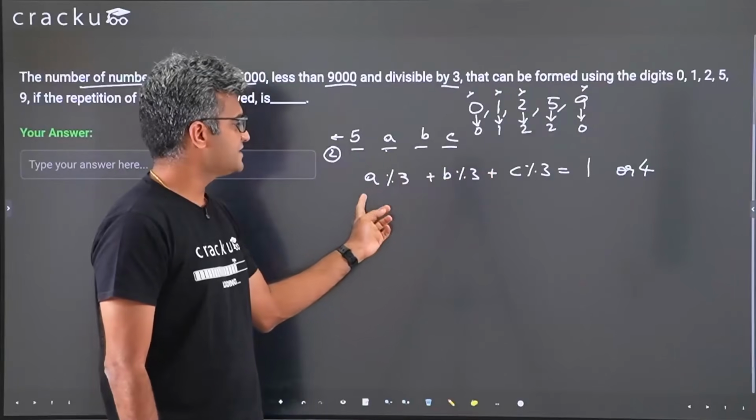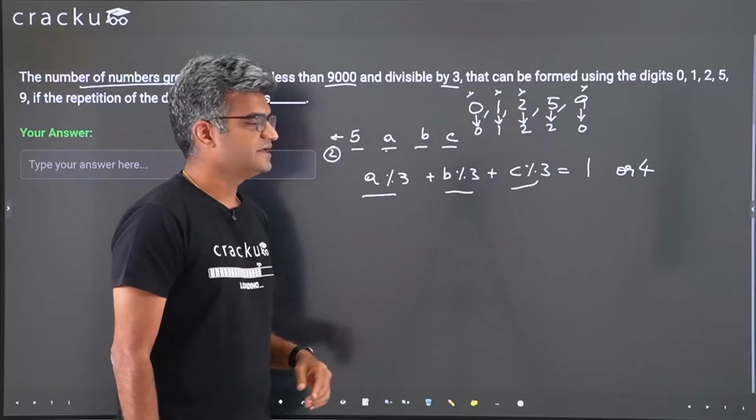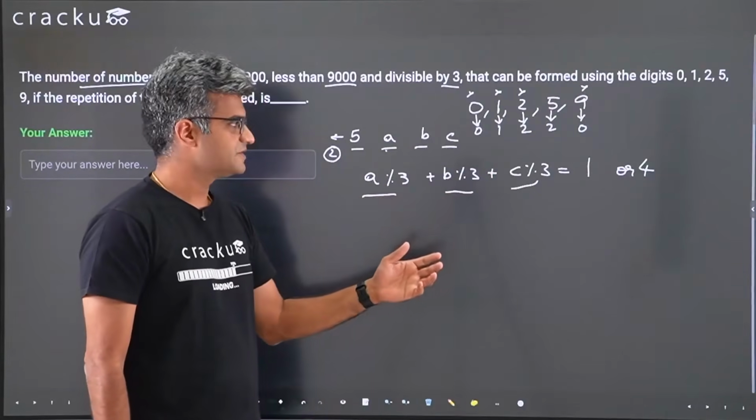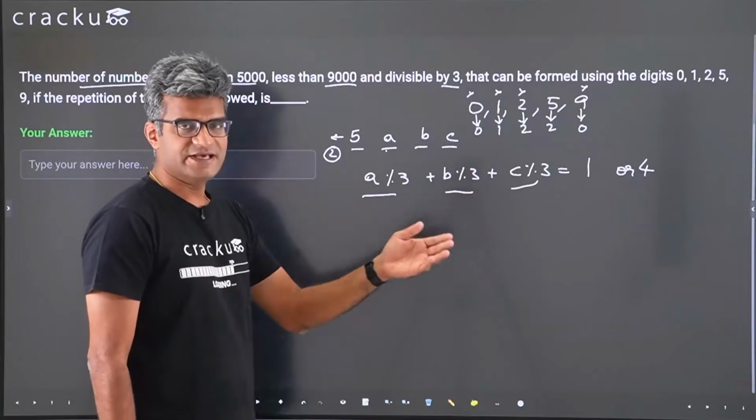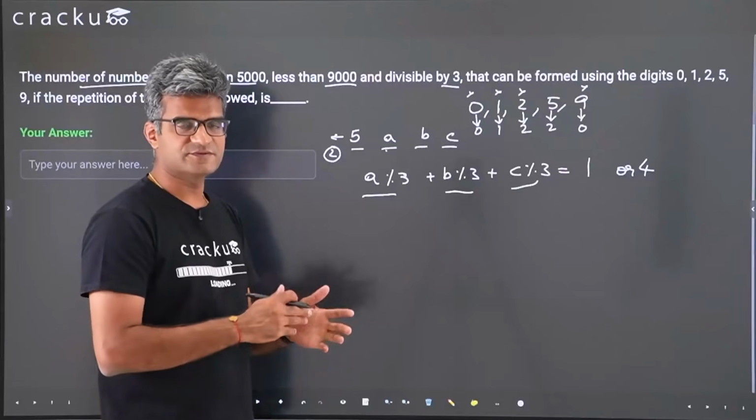We can't expect the remainder to be equal to 7, because that won't be possible, since each of these remainders is either 0 or 1 or 2. So the maximum sum is 6.